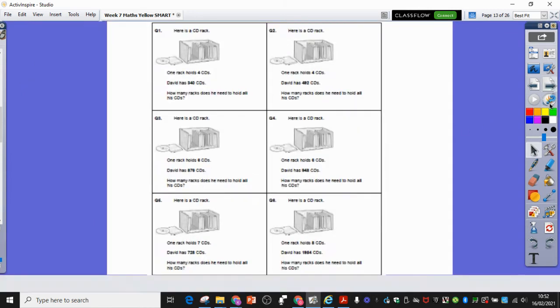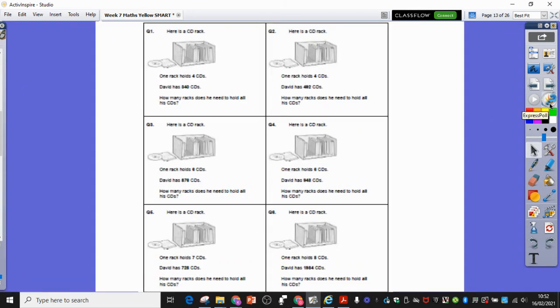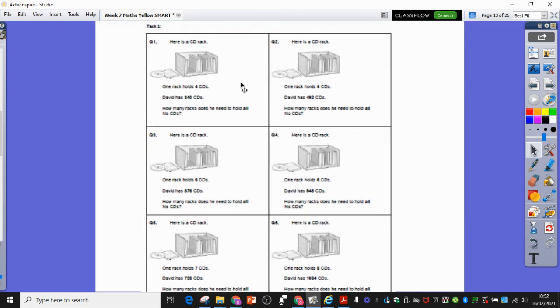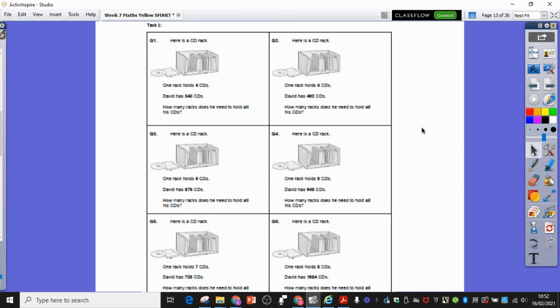Yellow group. Okay, so your task 1 is to do these questions here. Now, you have got 6 questions. I do not expect you to do all the 6 questions. I want you to do at least 3 on here. I want you to do 1, mark it, move on.